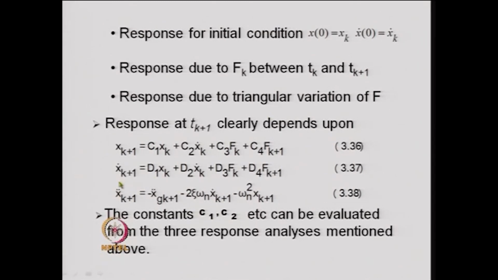And then one can obtain the value of x double dot k plus 1, that is, the acceleration at k plus 1, and that is from the parent single degree of freedom equation. That is, if we know the displacement and velocity of the system, one can find out the acceleration.